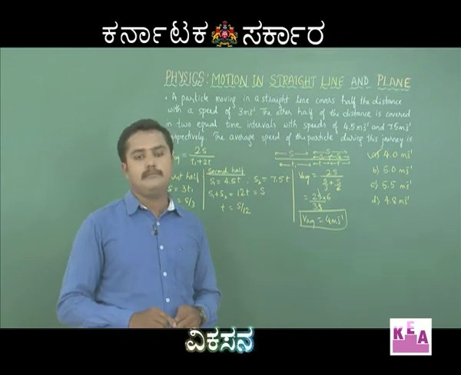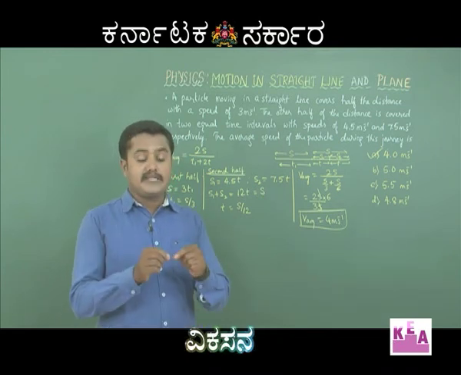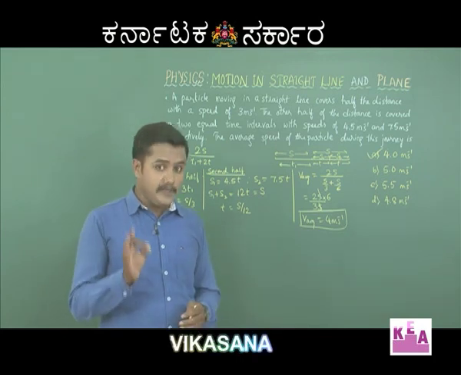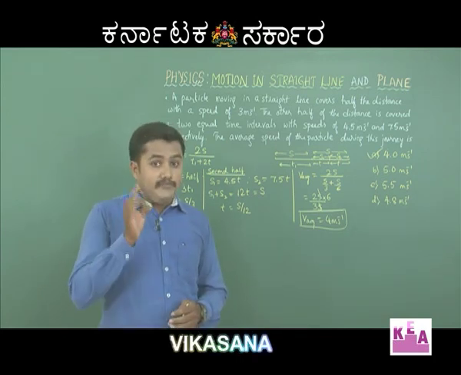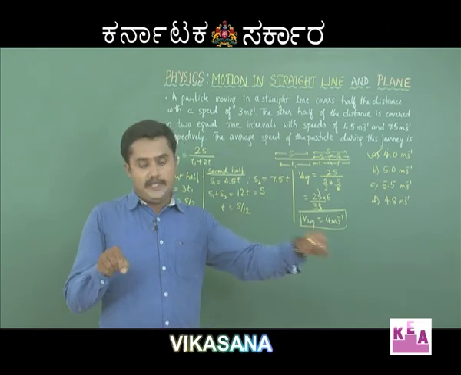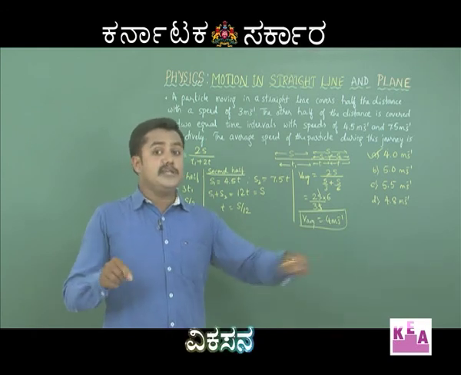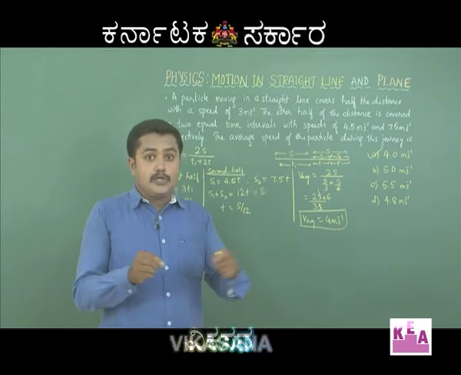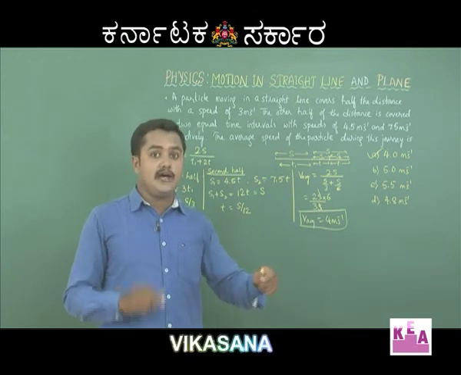Type number 1, when the time interval is divided into two equal halves. I repeat, if a body goes from A to B and the total journey is for 1 hour, and they will divide the total journey of 1 hour into two equal halves.